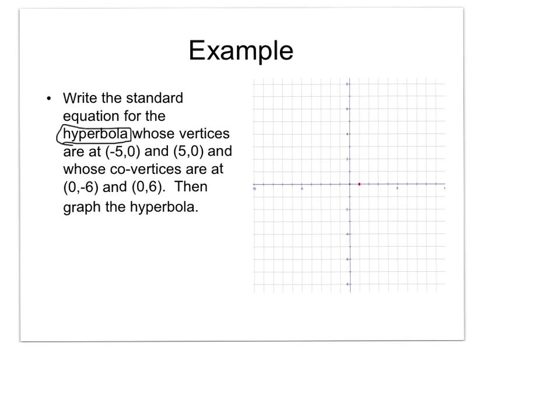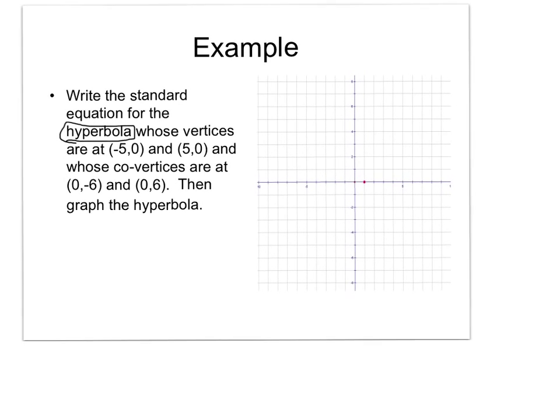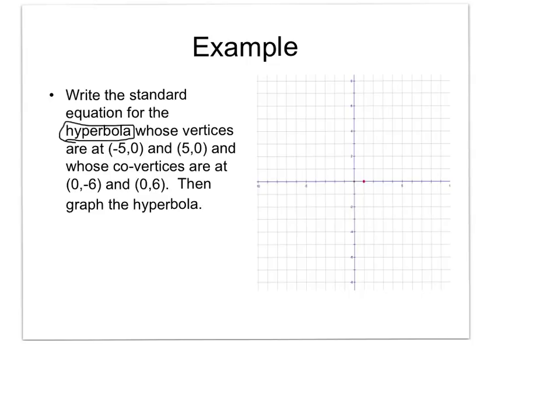So we're going to write the standard equation for a hyperbola whose vertices are at -5, 0 and 5, 0. I know the vertices, which are on the major axis, or what we call the transverse axis. Co-vertices are here. The change in the vertices is on the x-axis.